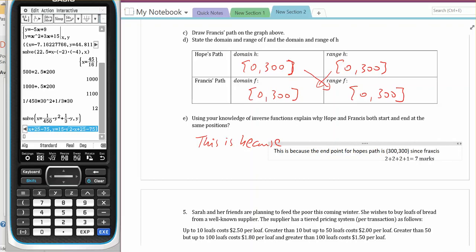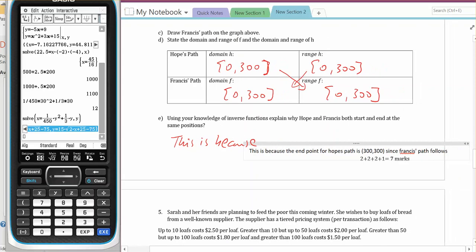Since Francis's path follows an inverse path to Hope's, it will also intersect (300, 300), since it is on the line y equals x, where inverses and the original will always intersect.